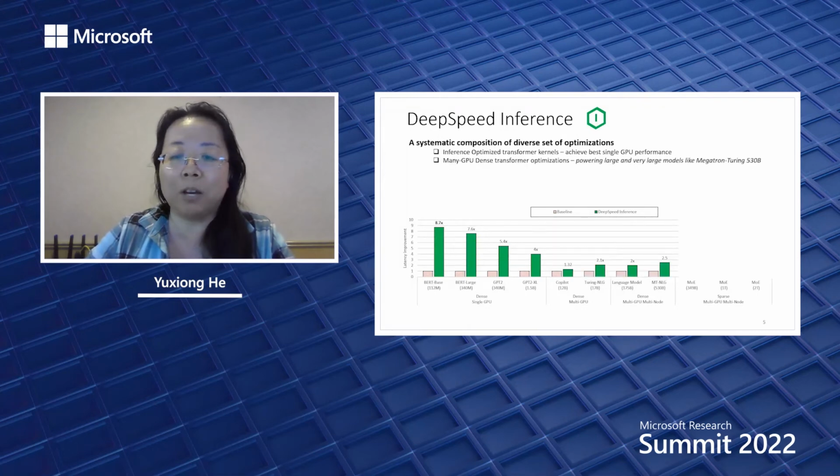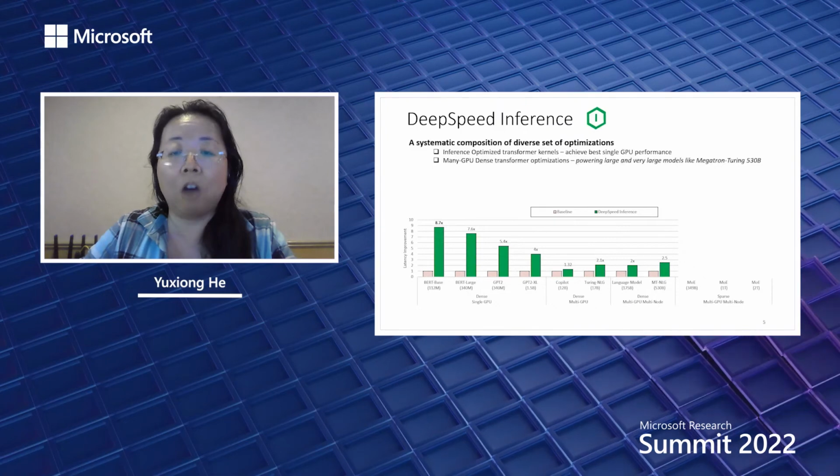To support larger models beyond a single GPU, we build our many-GPU dense transformer layer on top of the kernel layer. This layer optimizes for parallelization efficiency and reduces communication overhead as we scale across multiple GPUs within a node or across nodes.